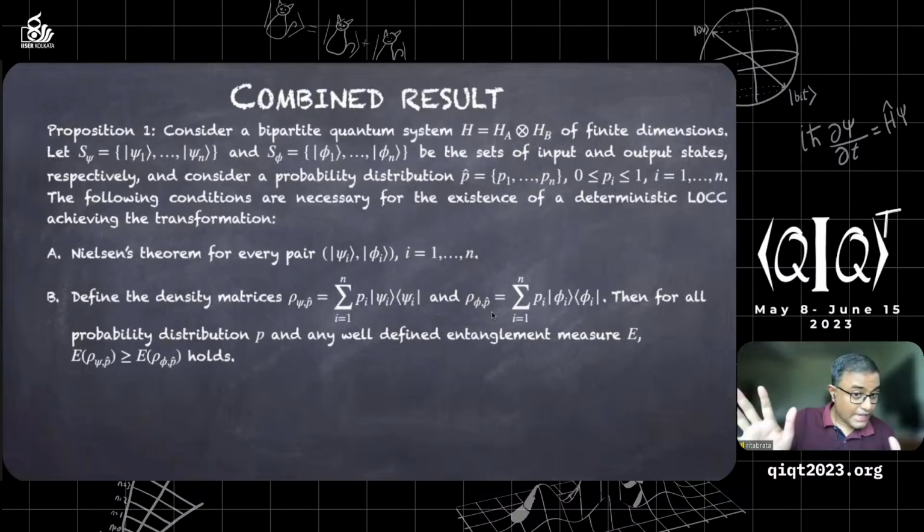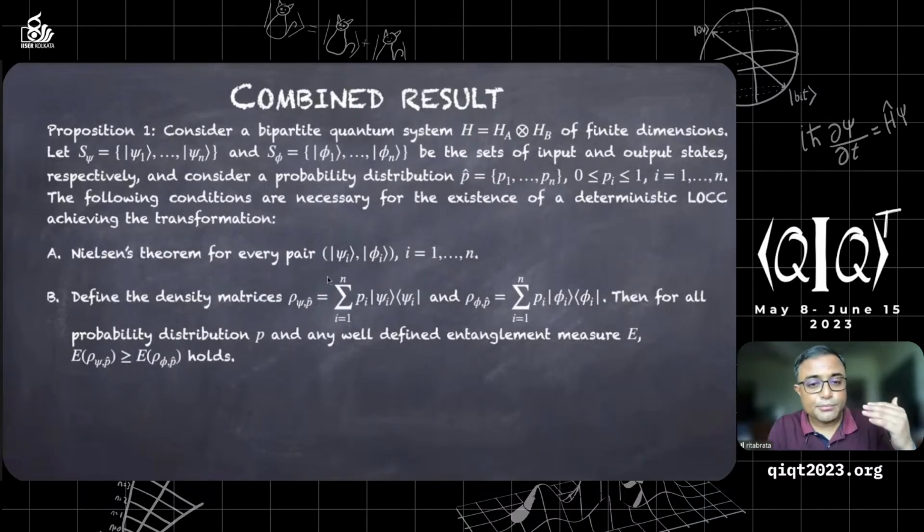But assume that you have an LOCC transformation like this, then what can I say about it? This object, the input state's ensemble, is a bipartite set, so it can have some entanglement with respect to some entanglement measure, and similarly the output states also have some entanglement. And now I know one thing very well, that under an LOCC transformation the amount of entanglement should not increase.